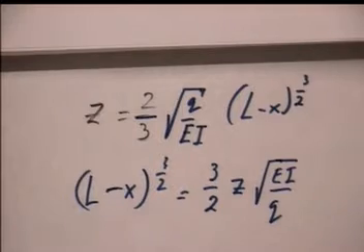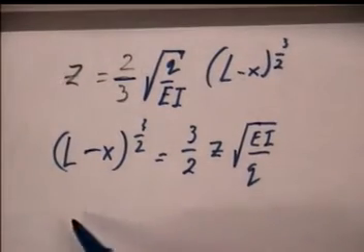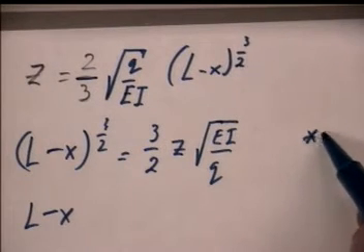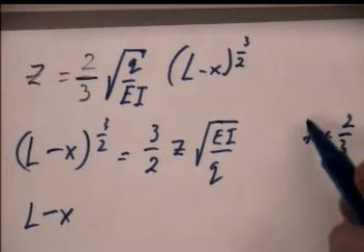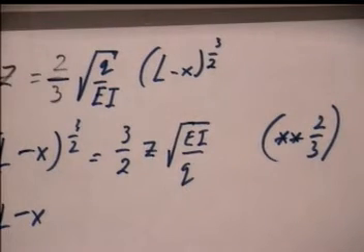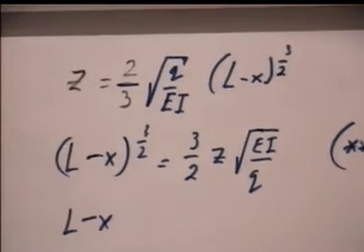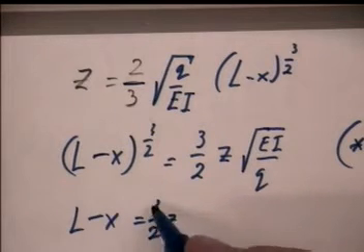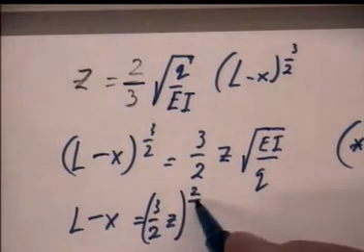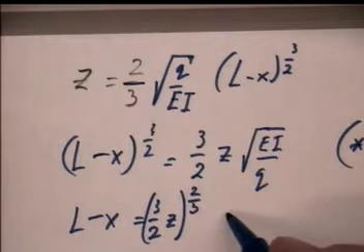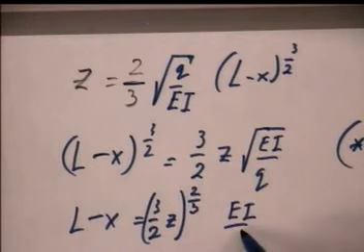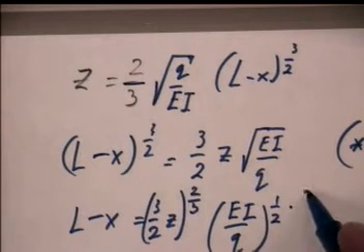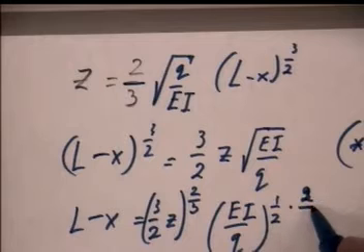So now we take everything in the power 2/3. So then we will get L minus x, power 2/3. So we will have 3/2 z in power 2/3, and then EI over Q is in power 1/2, and it is in power 2/3.